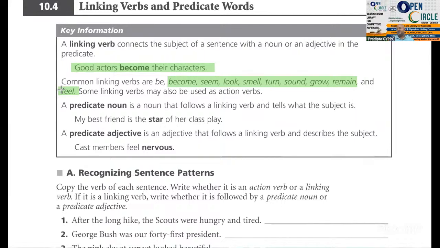Say: She looks very angry. No, wrong. She looks fine. She looks tired. She looks angry. Angrily is an adverb; a linking verb connects an adjective or a noun. She looks angry.